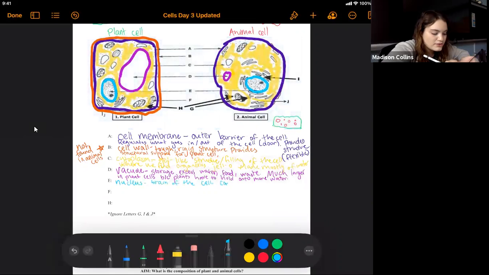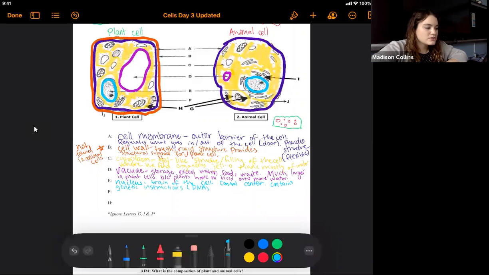It's the control center. So it controls everything that happens in the cell, and that's because it contains the instructions. So it contains genetic information. And we call those genetic instructions DNA. Okay, so those look pretty similar in the plant and animal cells, but in both cases, it's like the brain or the control center of the cell. It controls everything that's happening inside.